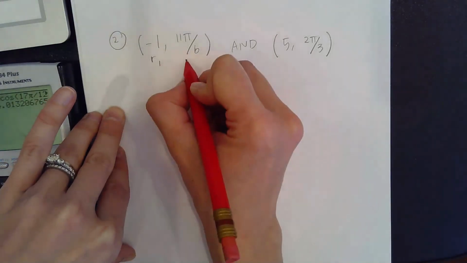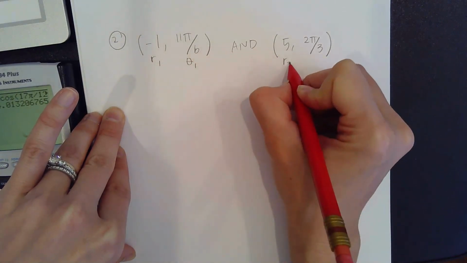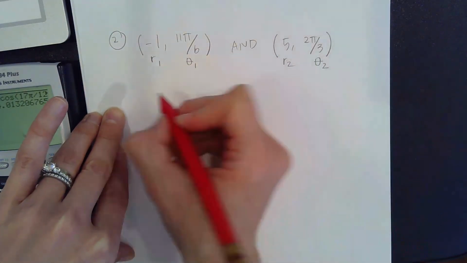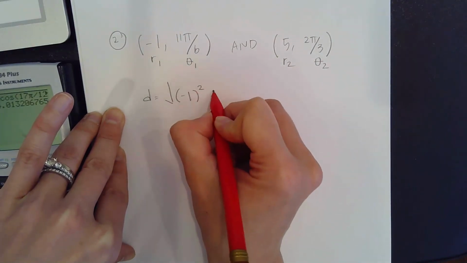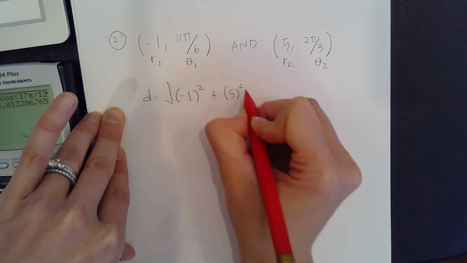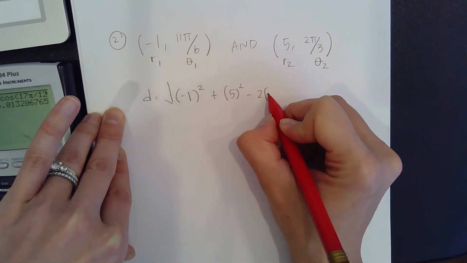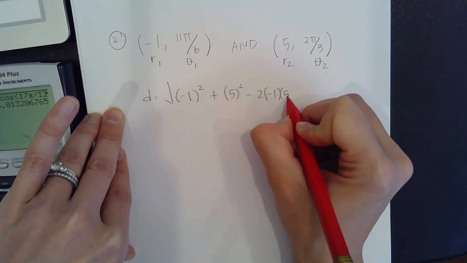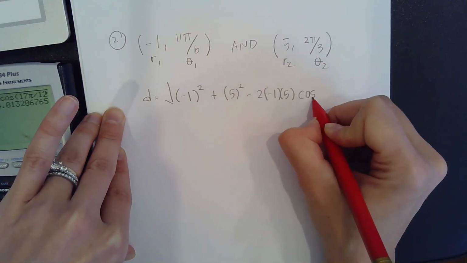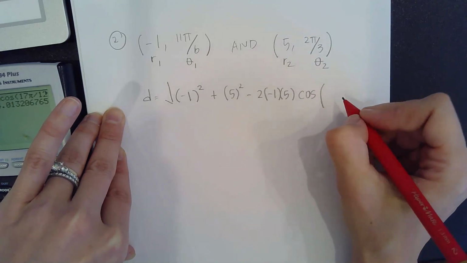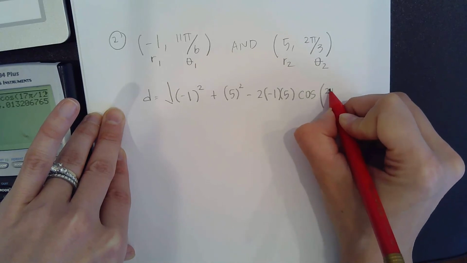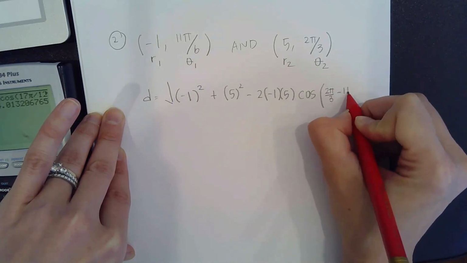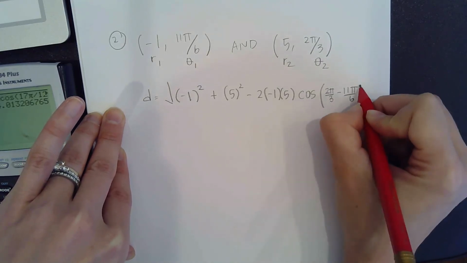So that's your r sub 1, theta sub 1, r sub 2, theta sub 2. So the distance is going to be the square root of negative 1 squared plus 5 squared minus 2 times negative 1 times 5 times cosine of 2 pi over 3 minus 11 pi over 6.